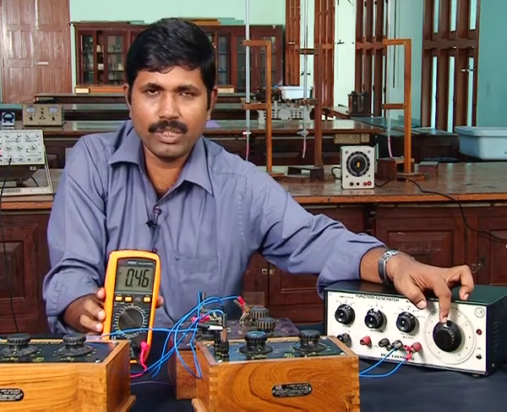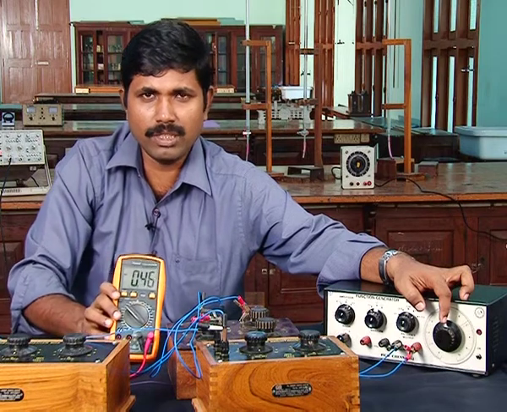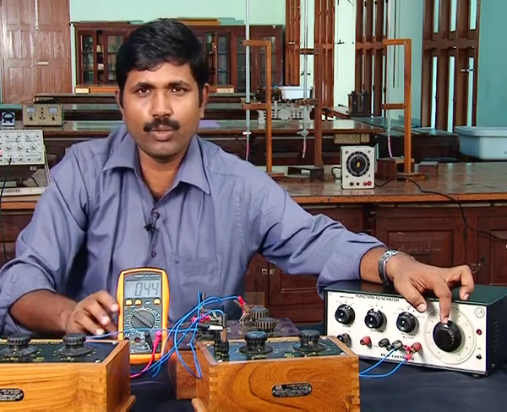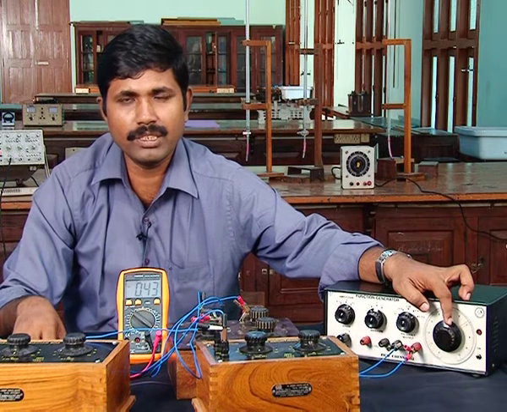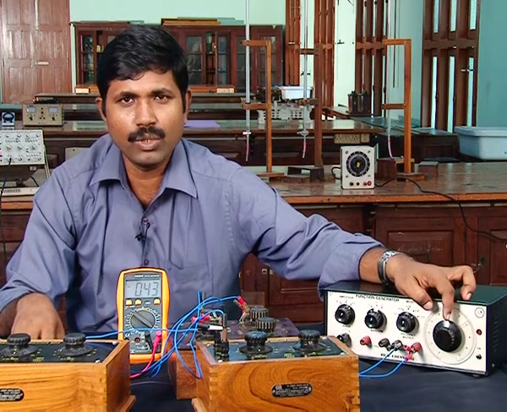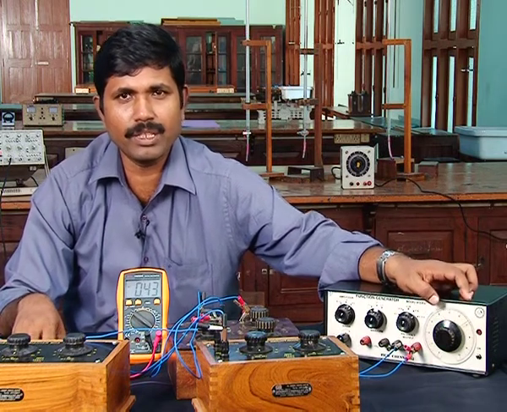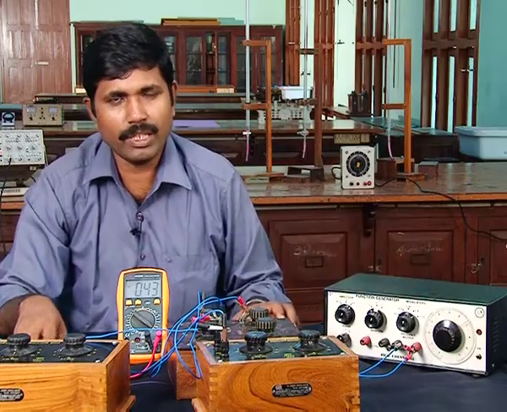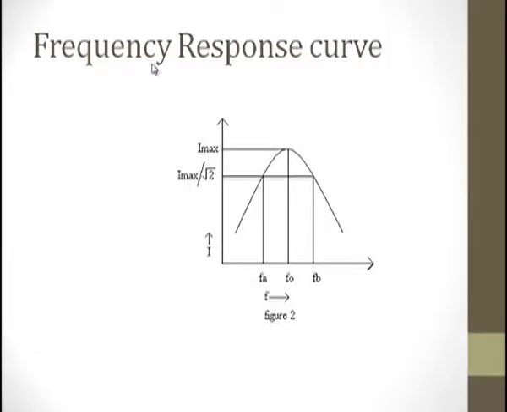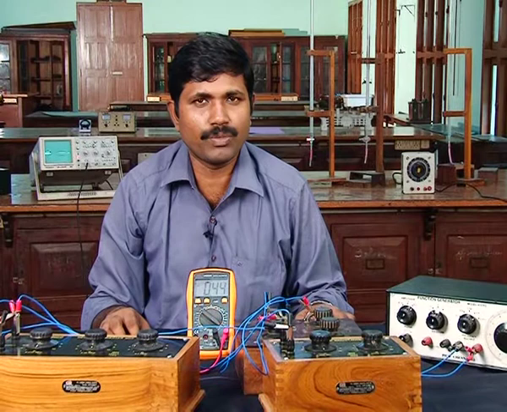So after noting down all the output voltages for various input frequencies, you can plot a graph between the output voltage and the input frequency. So the graph will be like this. In this graph, you can note down the maximum frequency.